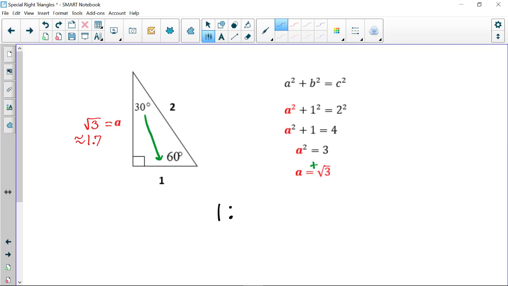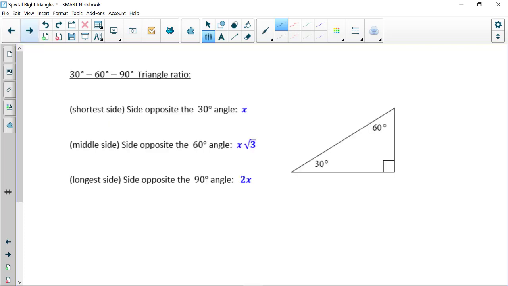So it's a ratio of 1 to square root of 3 to 2, going from shortest to longest. Now we know all 30, 60, 90 triangles are similar, which means their sides are proportional. So that same ratio will apply.